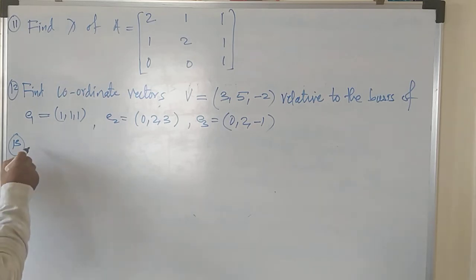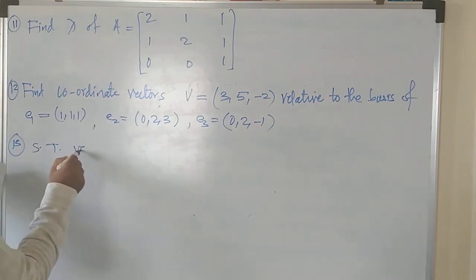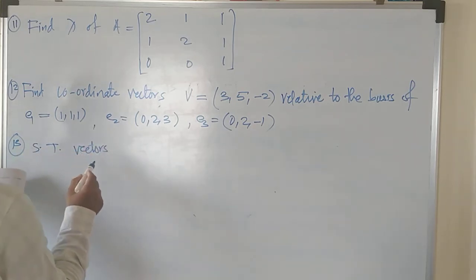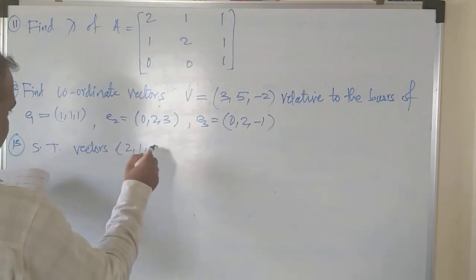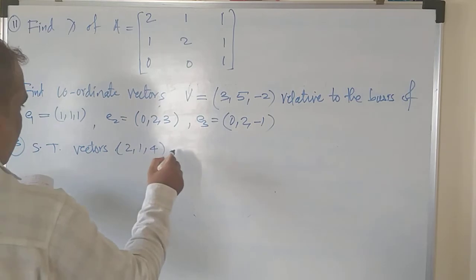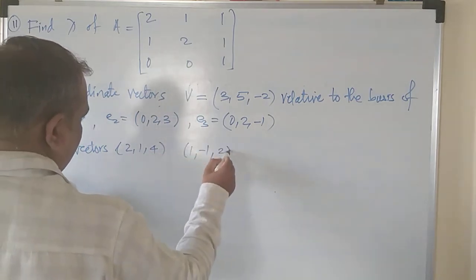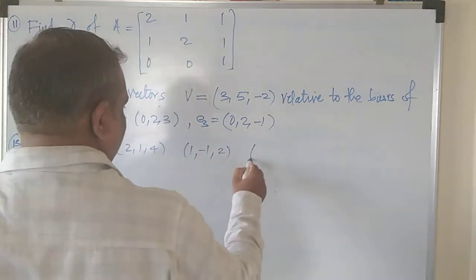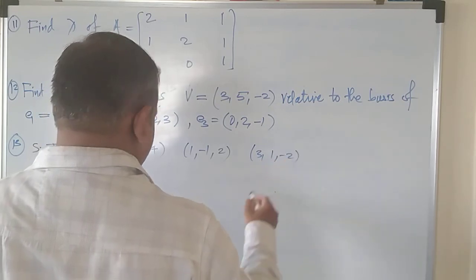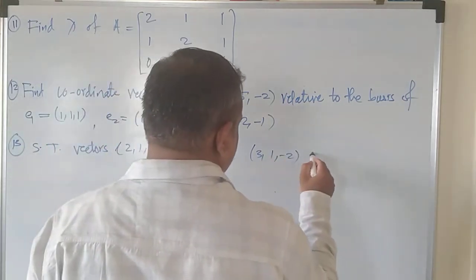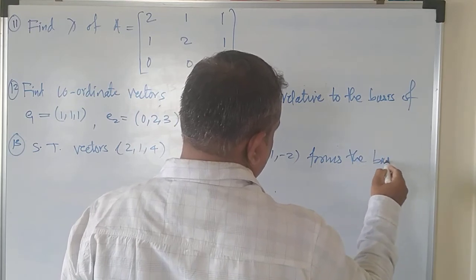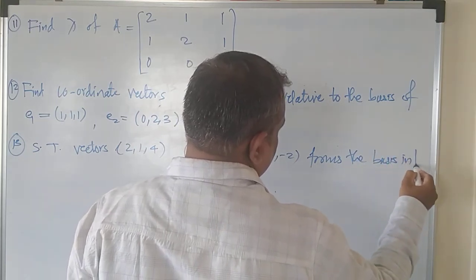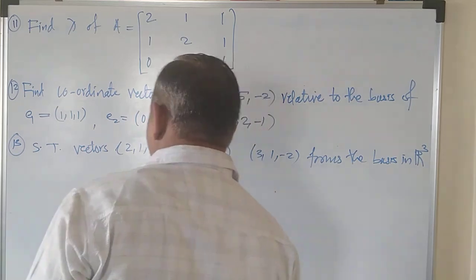Show that the vectors 2 1 4, 1 minus 1 2 and 3 1 minus 2 form a basis in R3.